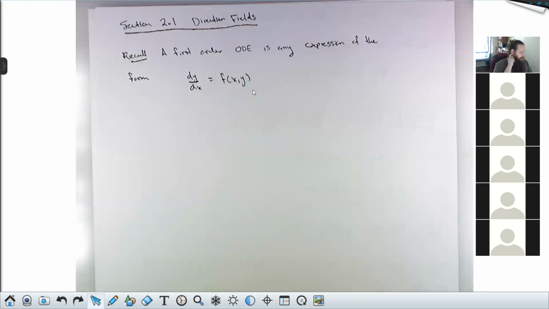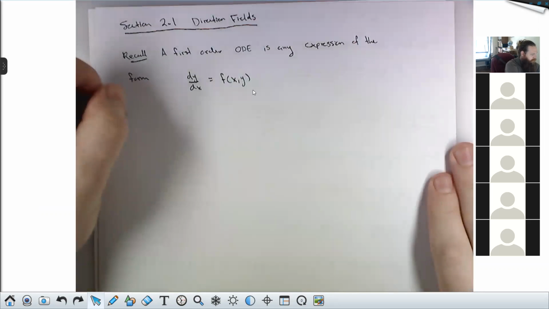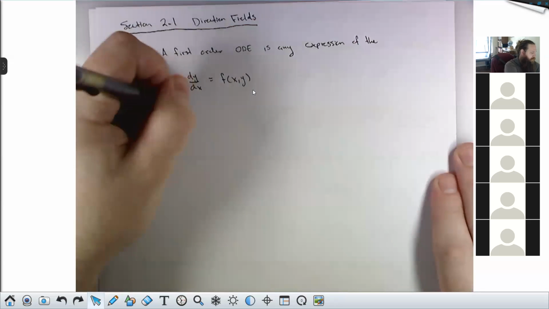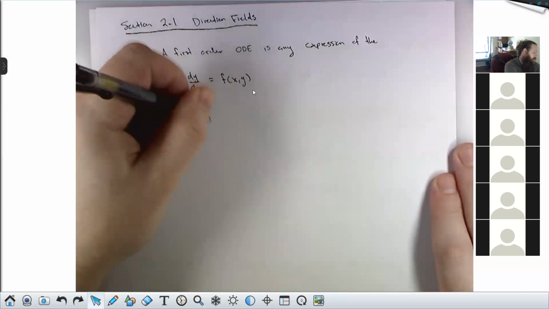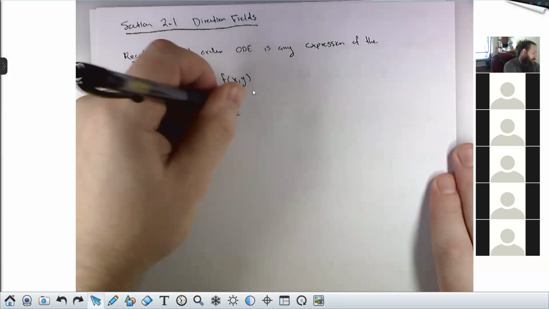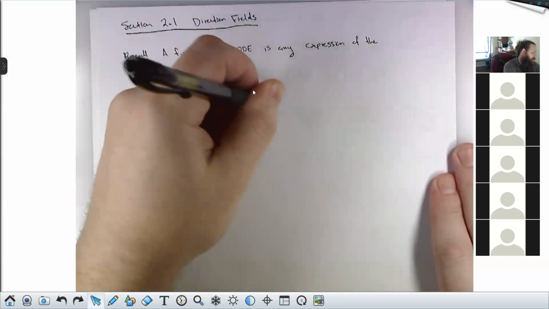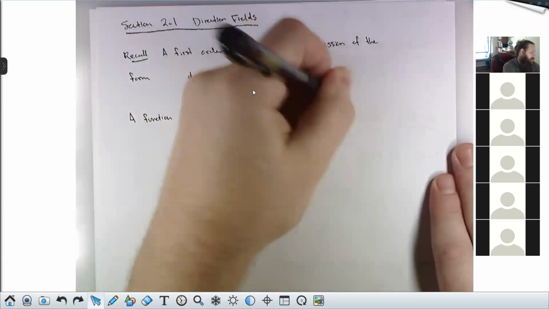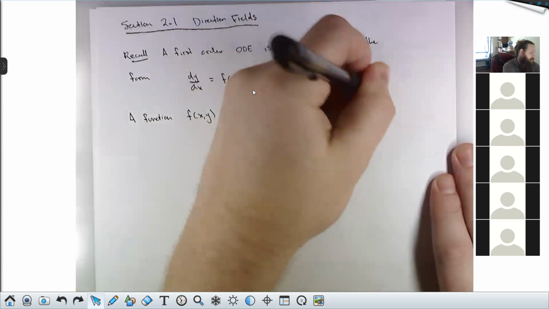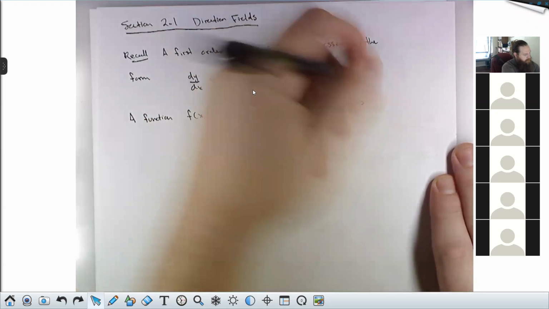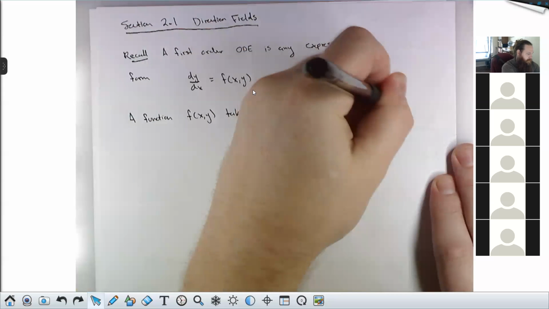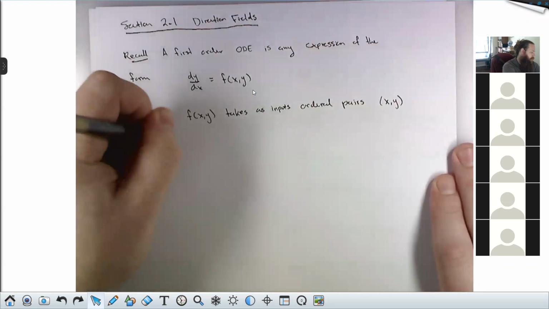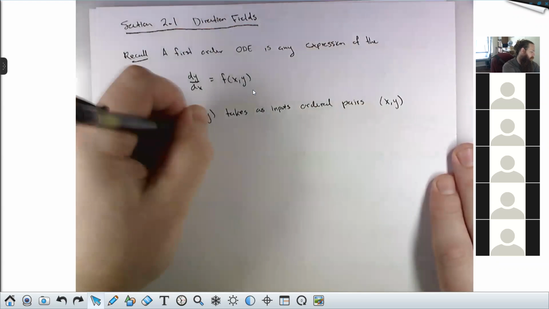The input space for a function like this takes as inputs ordered pairs, inputs of the form x comma y, and outputs numbers.